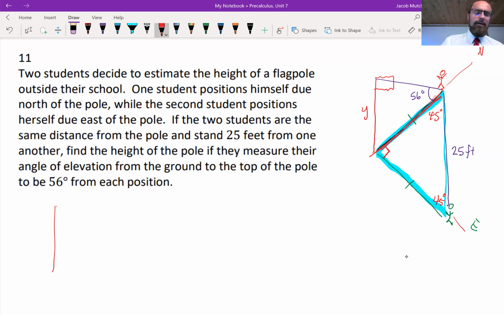So again, if I think about my 45, 45, 90, that was x times the square root of 2. Well, the piece we've got is this x square root of 2. So to get over to the leg, I just need to divide 25 by the square root of 2. So we'll do that first.